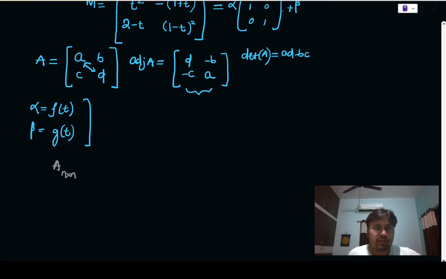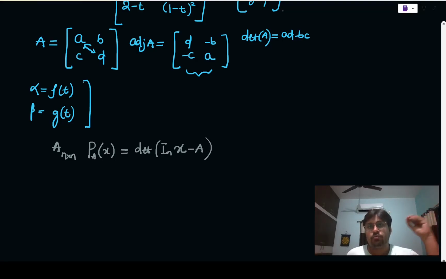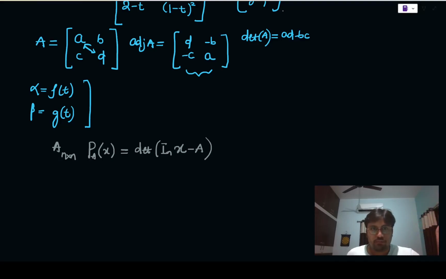Then the characteristic equation for this matrix A, the polynomial equation, would be determinant of I, which is the n by n identity matrix, multiplied with x, minus A. This would be the characteristic polynomial. And what Cayley-Hamilton theorem states is that this characteristic polynomial equation that you get will be equal to 0.